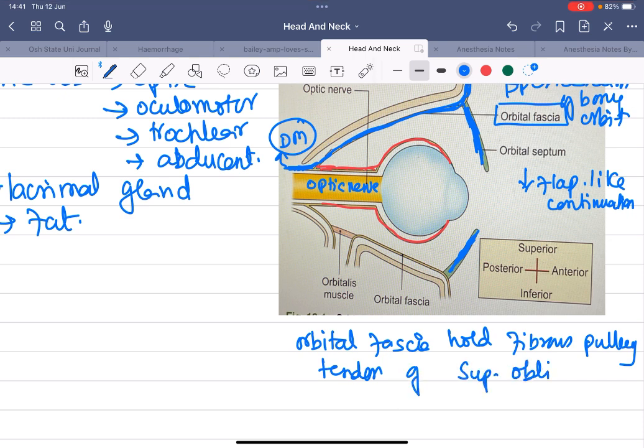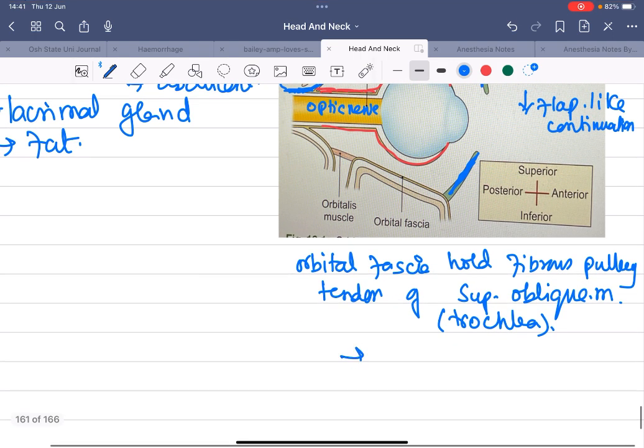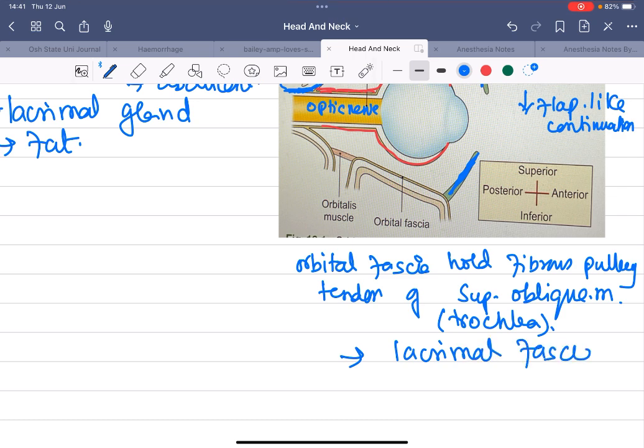That is known as the trochlea. That fibrous pulley-like tendon holding the superior oblique muscle is also formed by the orbital fascia, and it also forms the lacrimal fascia. So these are the important points in relation to the orbital fascia you must remember.